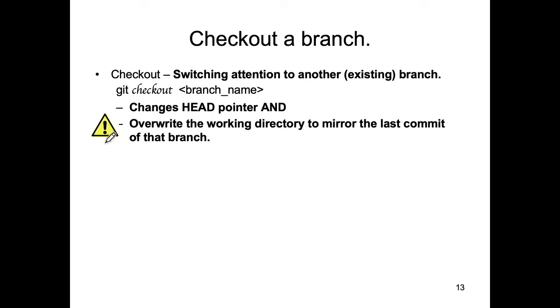So that's why I'm putting the danger sign. It's not so much a danger signal as in you could lose stuff. It won't allow you to switch branches if you have some modifications made to files in your working directory and you have not committed them. It won't actually allow you to do a checkout or to switch branches.